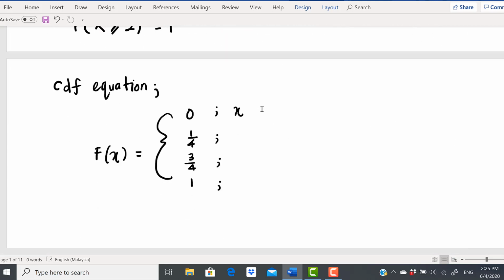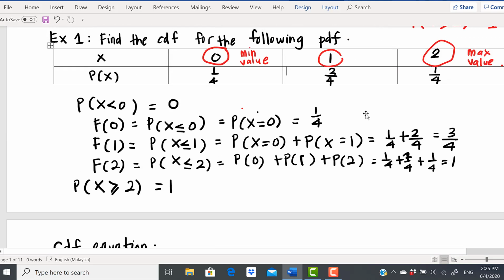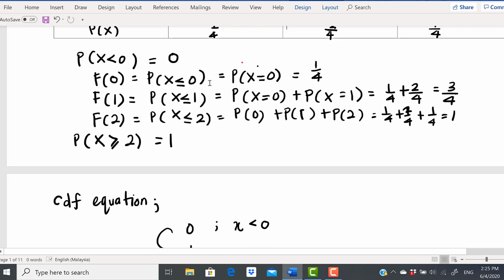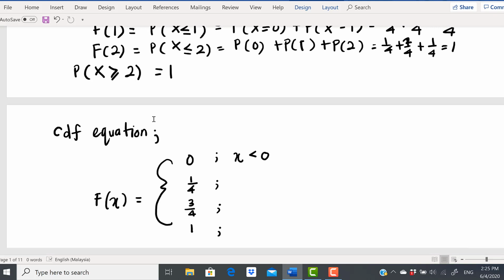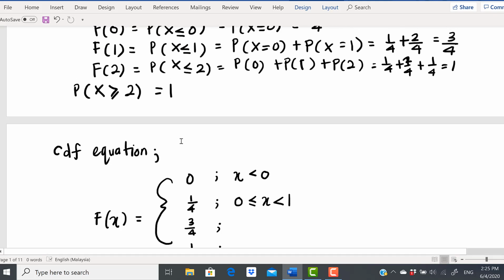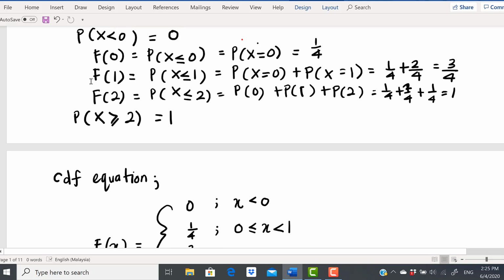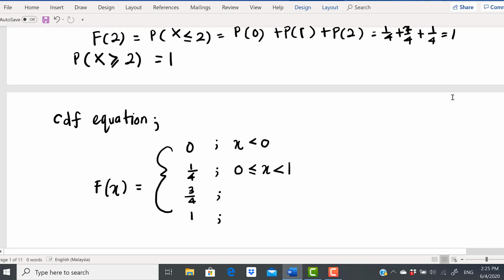Then F of x is equal to 1 over 4 when x is between 0 and 1, where 0 is included. Okay, 1 is excluded, because when x equal to 1, your CDF is 3 over 4.